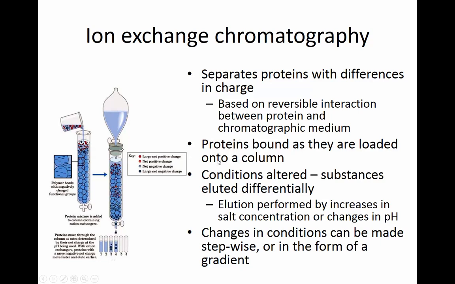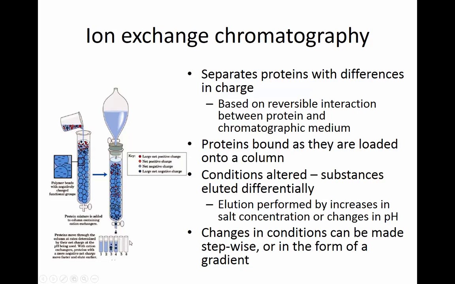And so in ion exchange, proteins get bound as they are loaded onto the column. They get bound to these charged polymer beads, these charged particles. And then we alter conditions by changing the salt concentration, changing the pH of the buffer we're using, and that allows substances or our analytes to elute differentially based on their charge, whether they have a large net positive charge, a net negative charge, or a large net negative charge, depending on what they're doing.